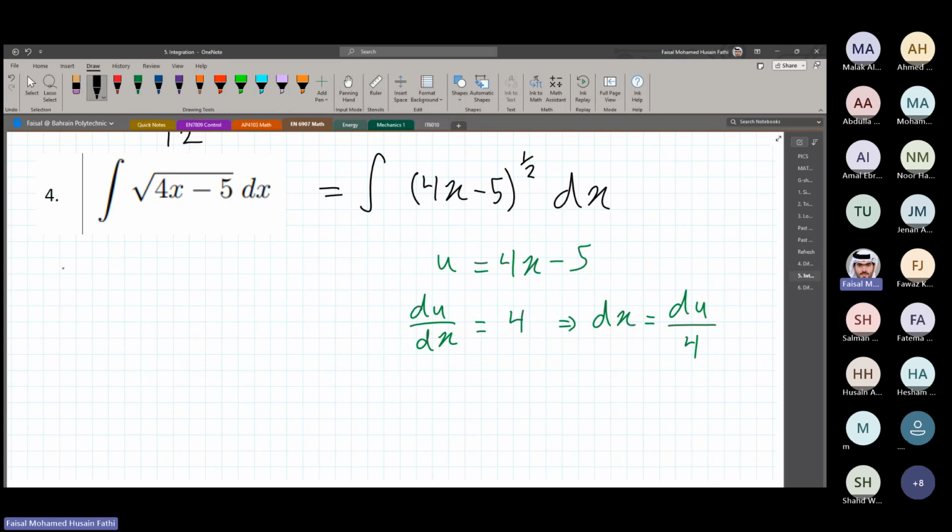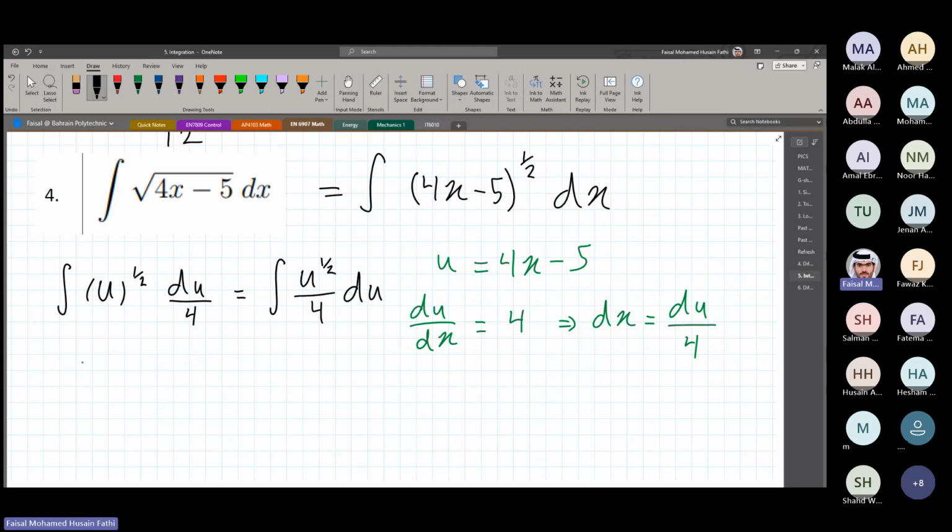And then we will plug it back into the equation. So we have the integration of u to the power of half dx. What's dx? It is du by 4. Or in other words, you can just simply write it as u to the power half over 4 du.